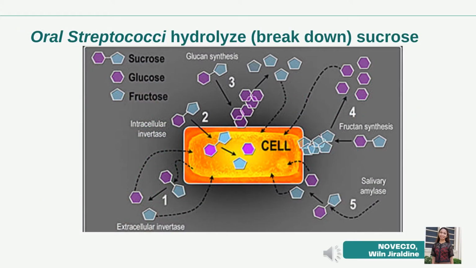Some bacteria break down sugars by transporting the sucrose across the cell membrane and cleaving the glycosidic bond using an intracellular invertase. Extracellular glycosyl transferases polymerize the glucose molecules while liberating the fructose molecule so it is free to enter the bacterial cell.